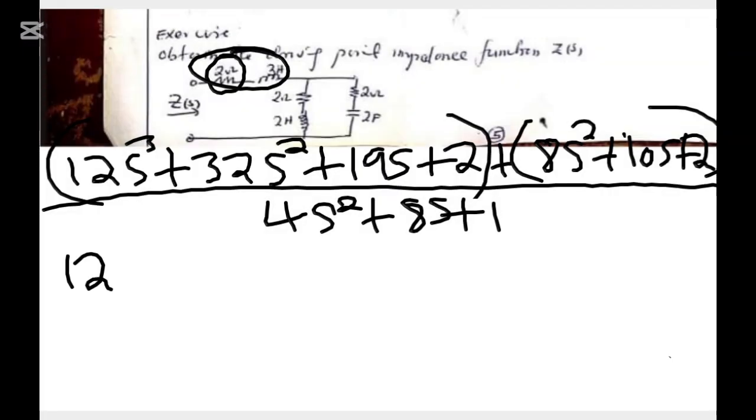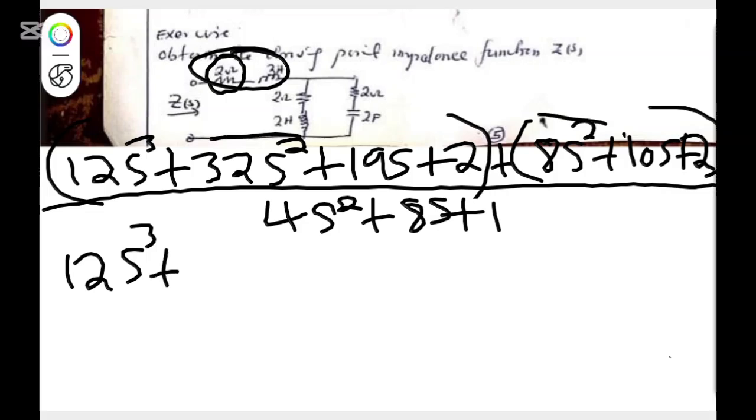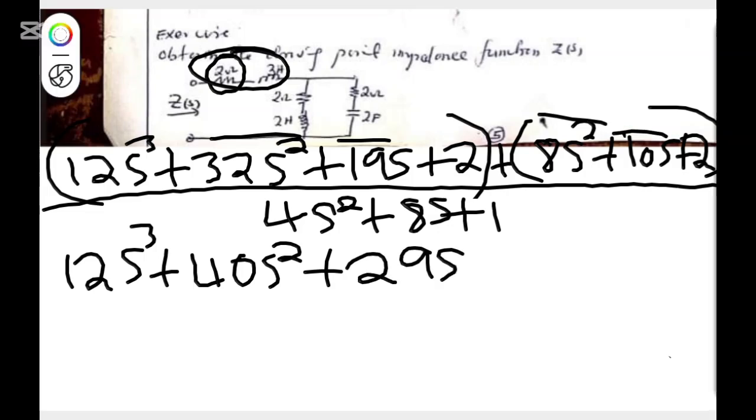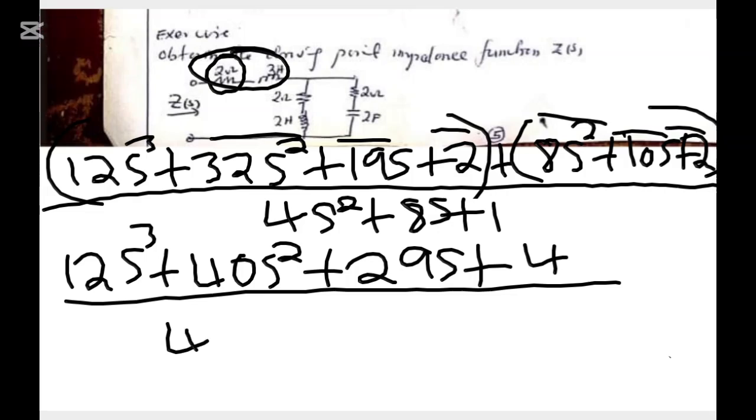So I'll first have 12s power 3 because it is only itself, plus s square and s square. It will give me 40: 32 plus 8, I'll have 40s squared, plus, for only s, I have 19, I have 10, so I'll have 29s. Also plus 2 and 2, so I'll have 4. And also divide it by 4s squared plus 8s plus 1.